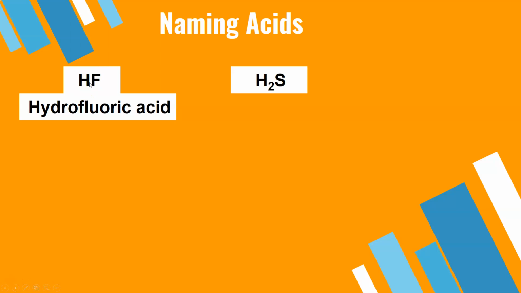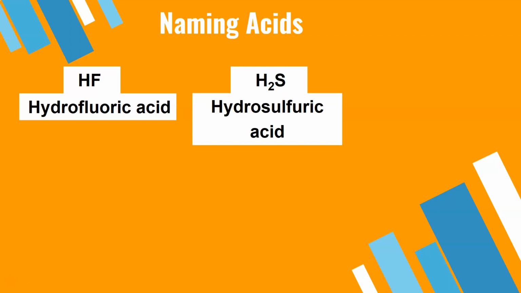What about this one? Well, binary, hydro, this is sulfur. Remember, change the ending to ic, but it sounds weird, so we mess with it a little bit to make it sound better. And then we're going to end it with acid. Hydrosulfuric acid.